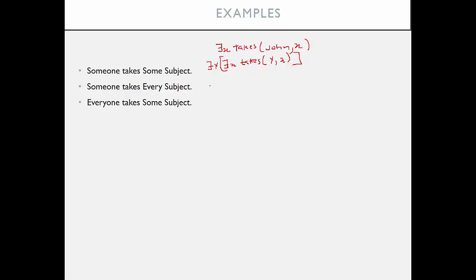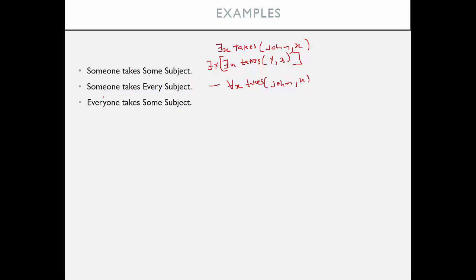Someone takes every subject. How would you represent the basic thing, which is John takes every subject? Let's try to represent that. It will be represented like this: John takes every subject. So we're going to have an existential quantifier here. But we're not talking about John.